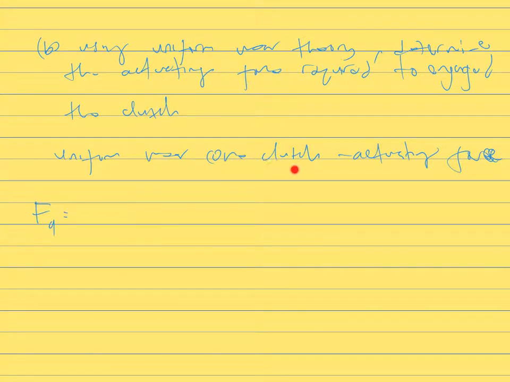wear cone clutch. So FA is equal to 1 over 2 times pi, P max is our maximum pressure, times the inner diameter d, and then major minus the inner.